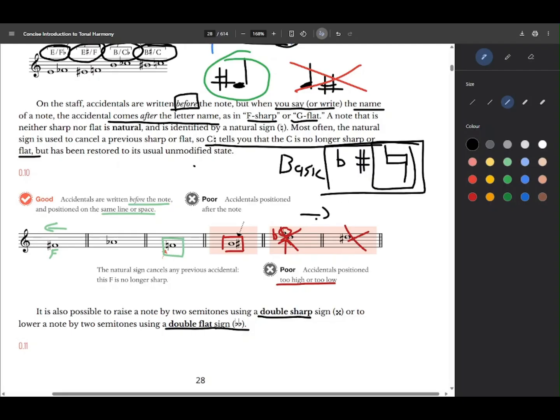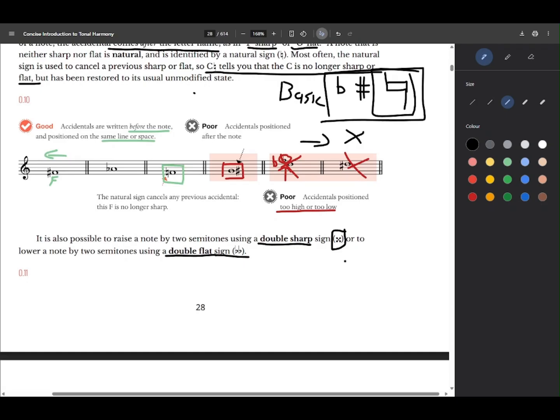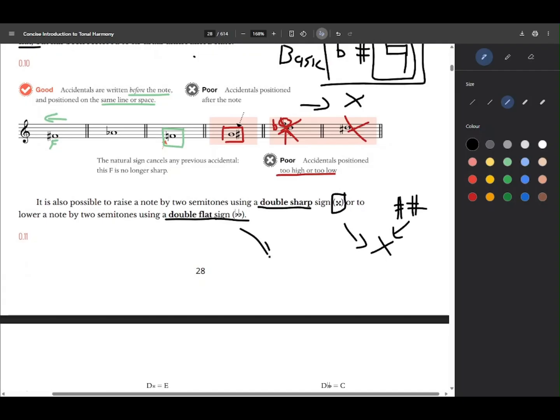Then we have our more advanced ones, which is double sharp, which is usually written as this kind of X shape. I'll write it down here. Kind of an X shape, that's our double sharp. So we don't write sharp, sharp, we write that. Double flat, well, there's nothing special for that. We just write 2 of our flats, and we get double flat. And this is double sharp.